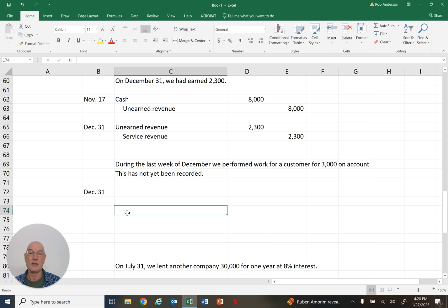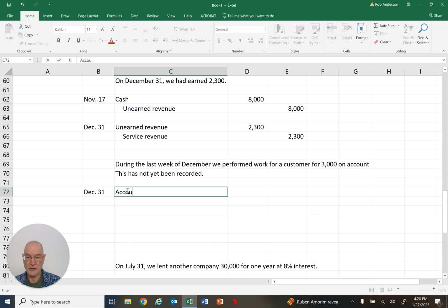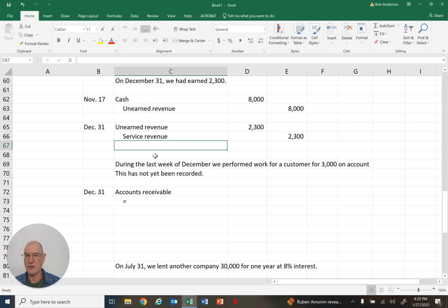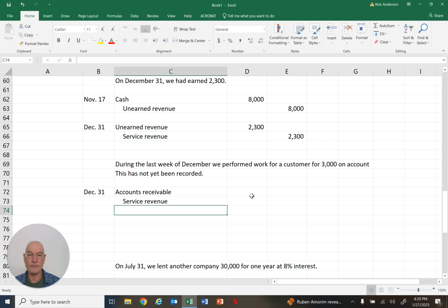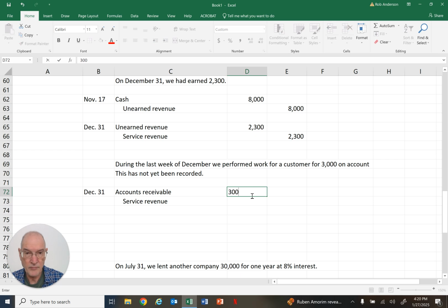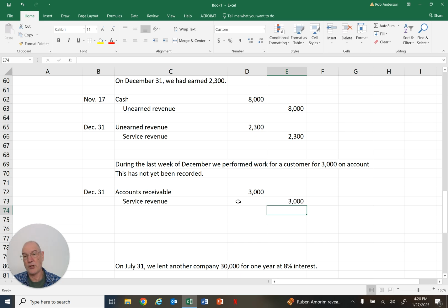Anyway, so now we know it's on account. So here's accounts receivable. And here is service revenue again. Okay, and it was for 3,000. Pretty easy. So you're kind of used to that entry.